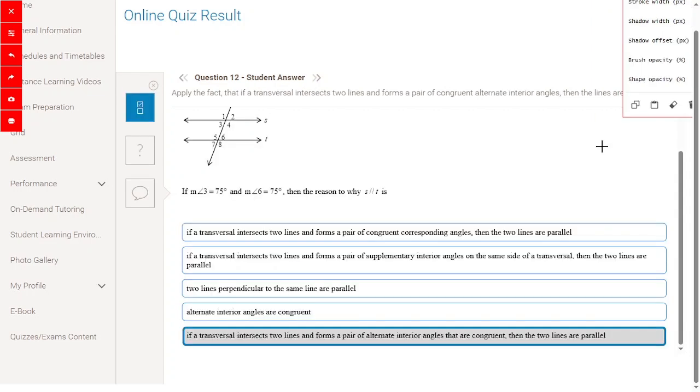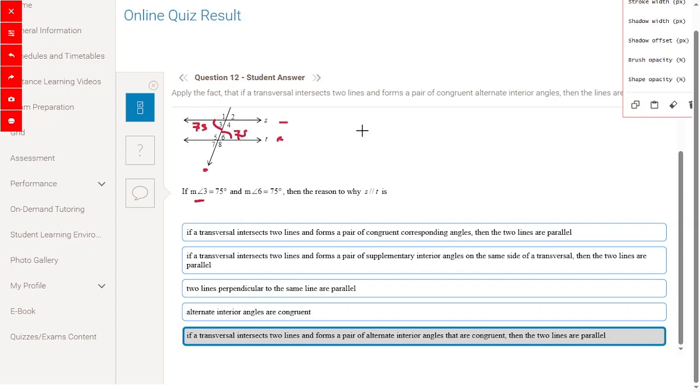Okay. Now we have this figure here saying the measurement of angle 3 is 75 degrees, and the measurement of angle 6 is 75. These two angles are alternate interior angles. If these two lines are parallel and this line is the transversal, they will be congruent and equal. So this is 75, this is 75.